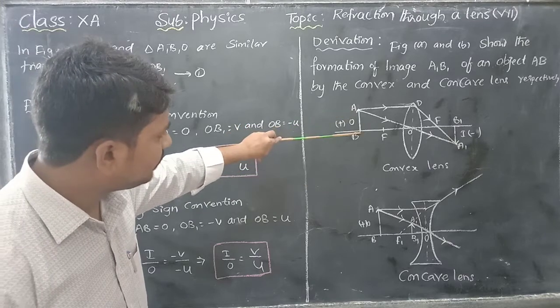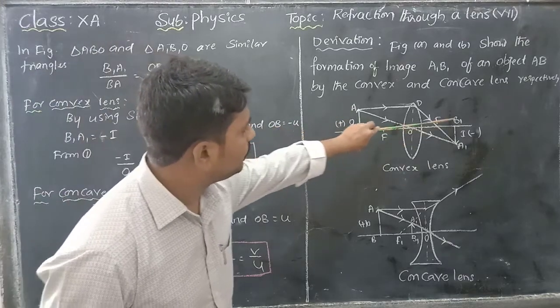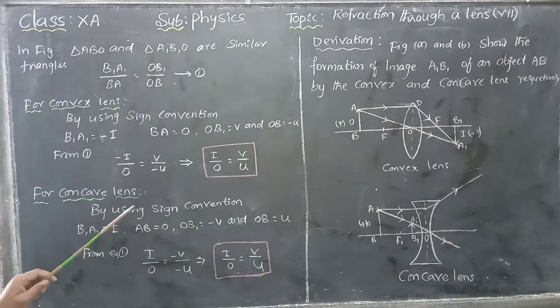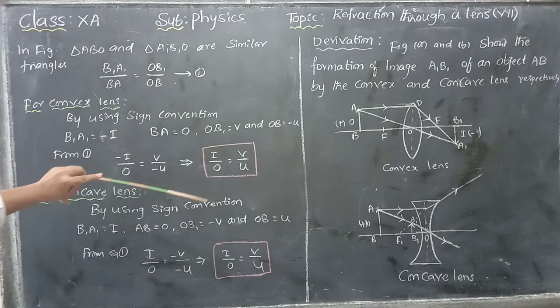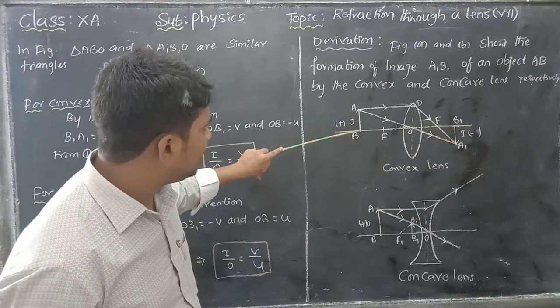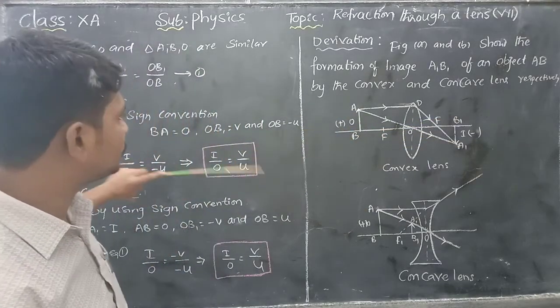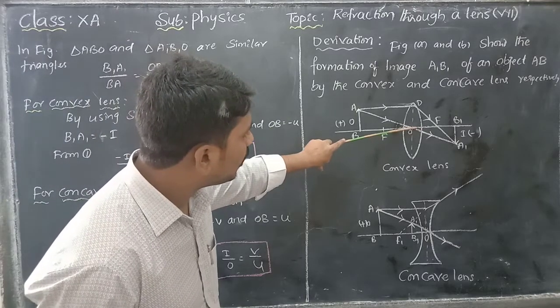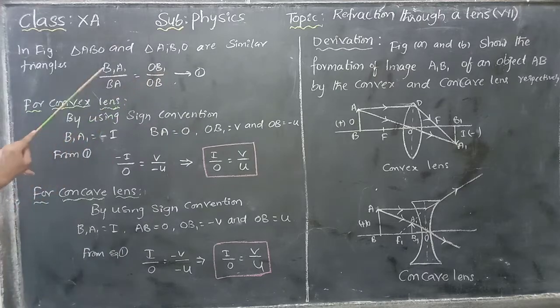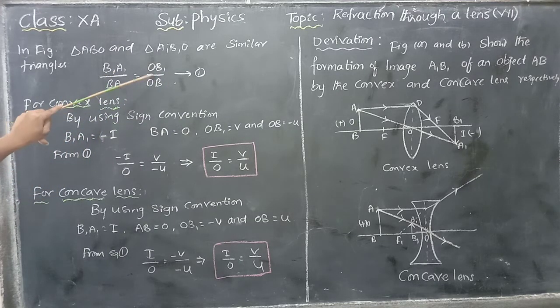Observe here, ABO and OB1A1, these two triangles are similar, so B1A1 divided by AB equals OB1 divided by OB. Call it equation number 1.